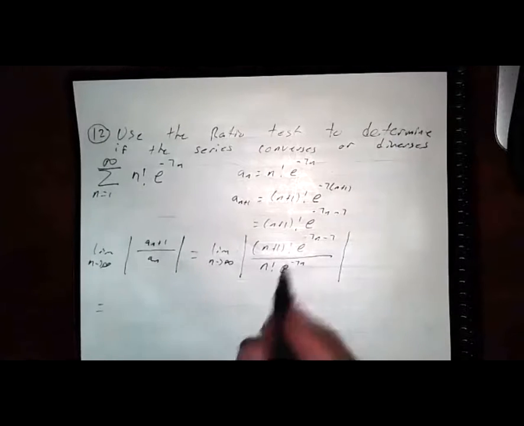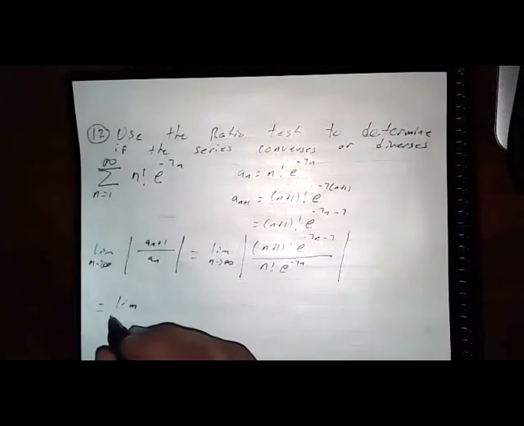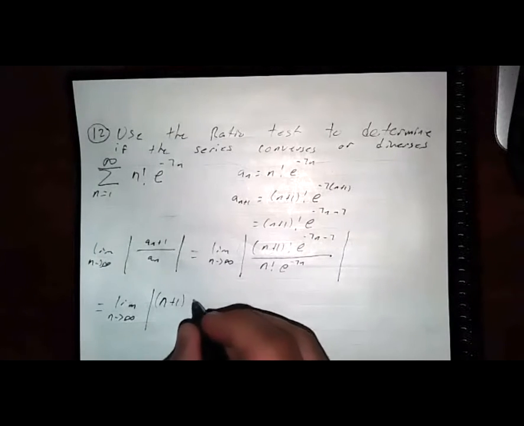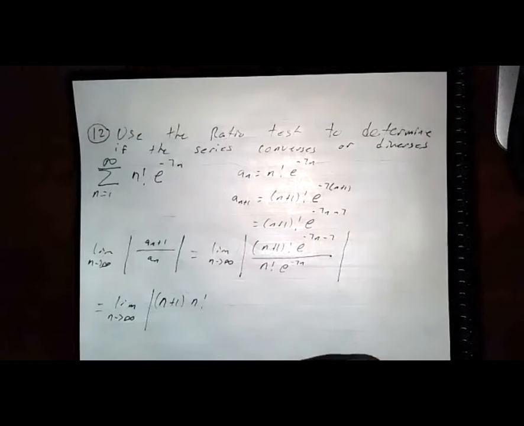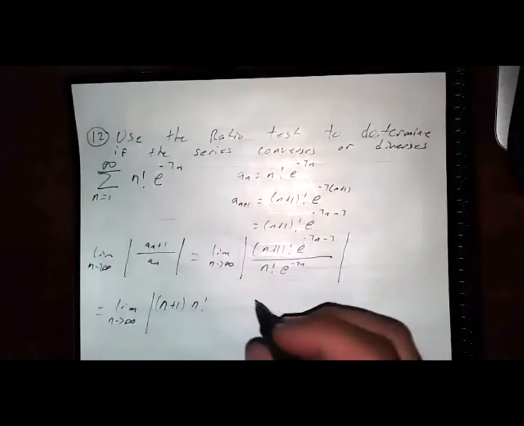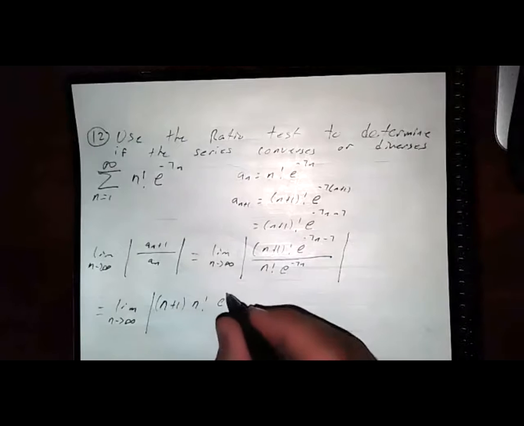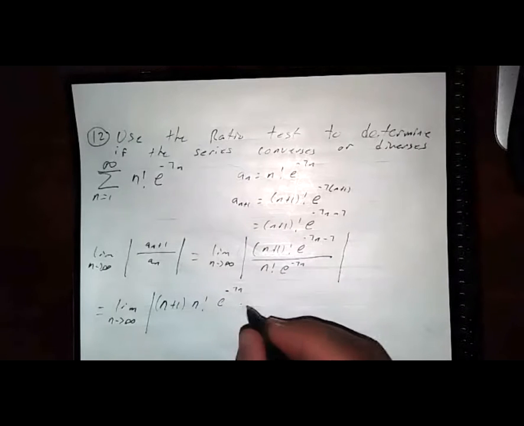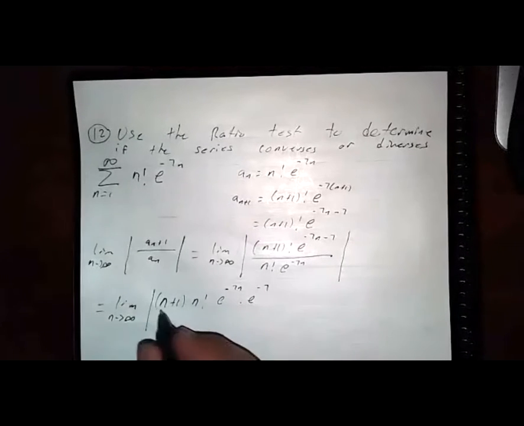Let's expand the factorial. So that would be n plus 1, expand it one term, and then stop at the n factorial. So it's always 1 minus each term. E to the negative 7n can be separated like this, right? We're all decent at algebra, I hope.